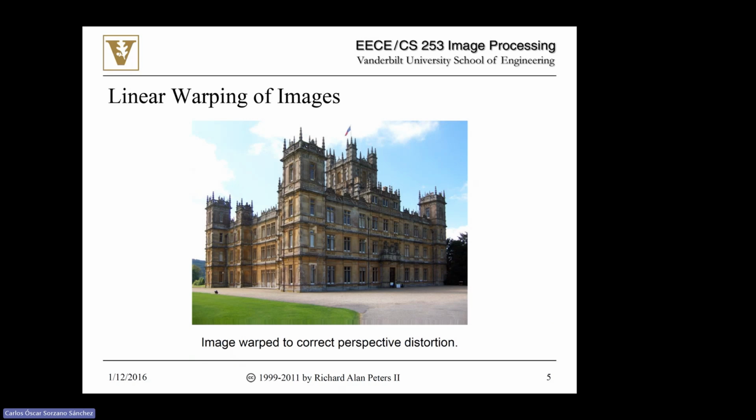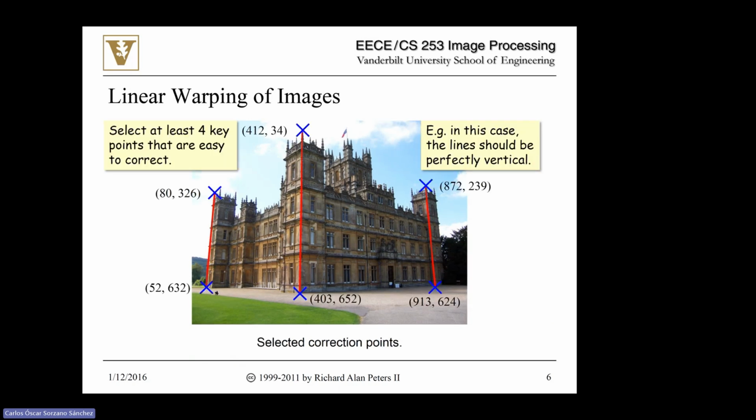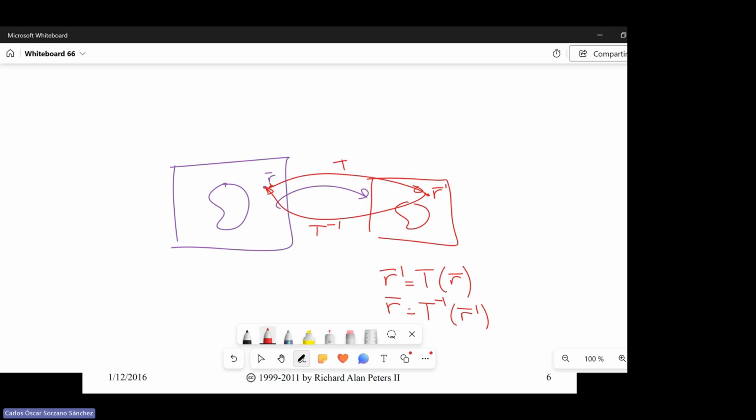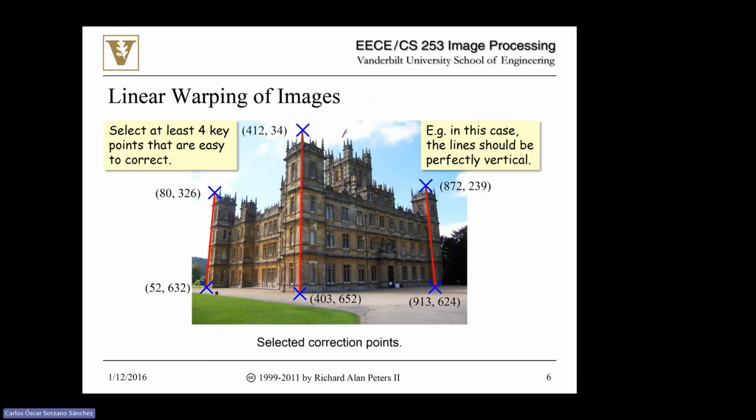So let's see how we can distort that. You need to find some correspondences, a few points, like in this one. You need to know this point goes to here, this point goes to here. So you need to define a few pairs of points, and then from those pairs, you will estimate the function.